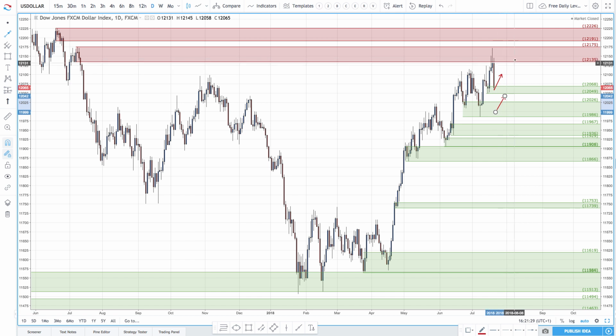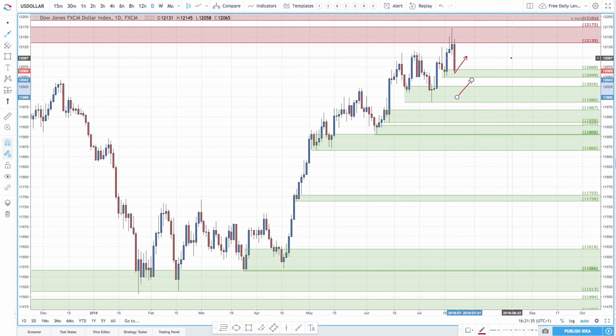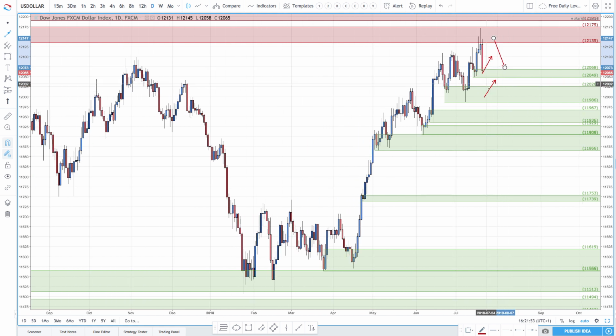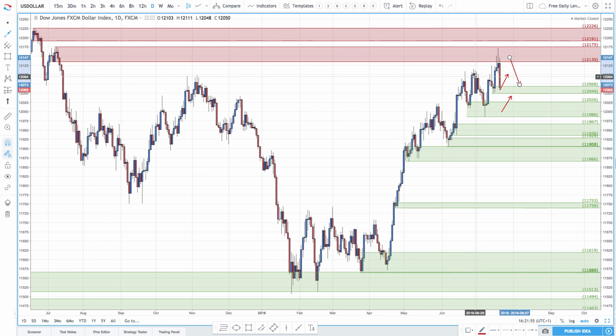So if you are a seller and you think there's going to be some shorting opportunities, then this area here is probably the area at the moment to look for any kind of pullback in the dollar, and then look to get short. Again, you correlate that with any supply zones on any US dollar currency pairs. So those are your options for this week.